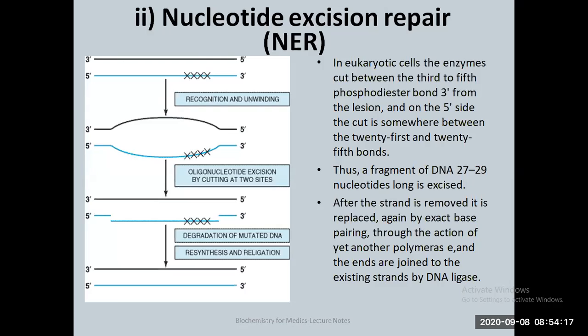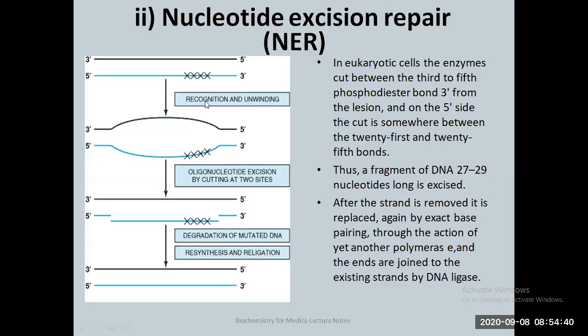So now you can see a simple photographic picture of a nucleotide excision repair. This is a 3' to 5' and 5' to 3', both two strands. So for example, there is some mismatch or damaged DNA in these 4 bases.